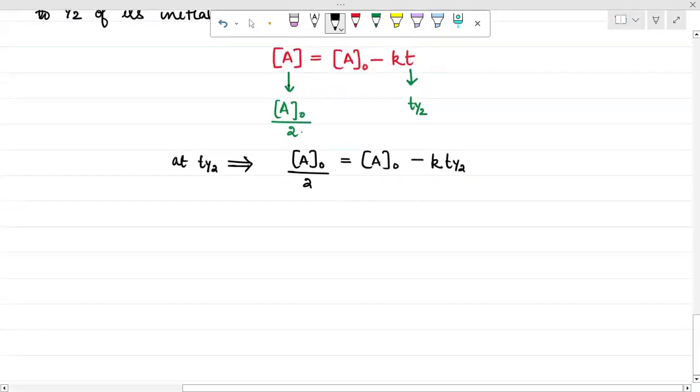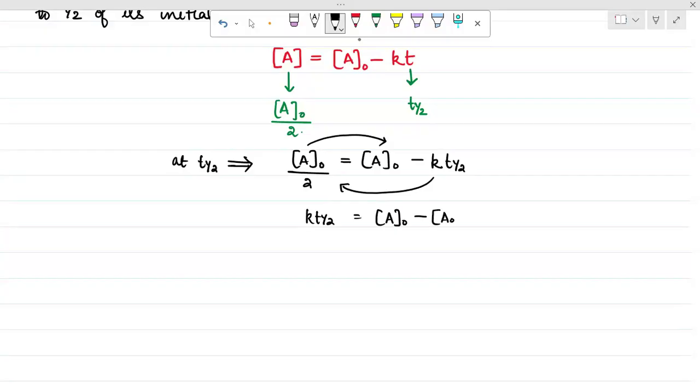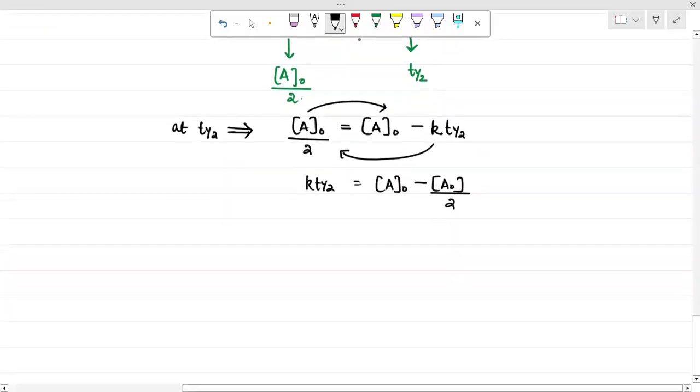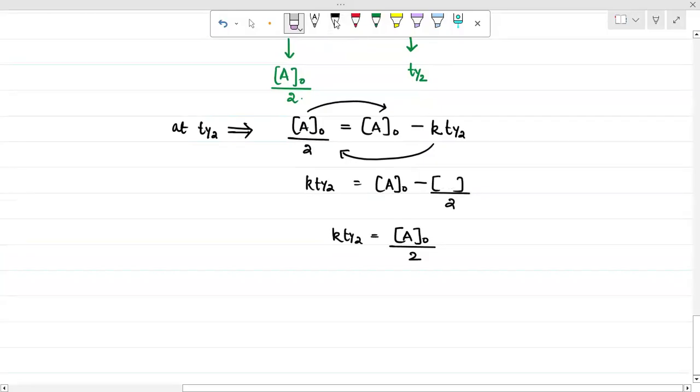Now if I rearrange this, k t half I'll take to the left, is equal to A naught minus, I'll take this to the right, A naught by 2. A naught minus A naught by 2 is A naught by 2 itself. Correct?